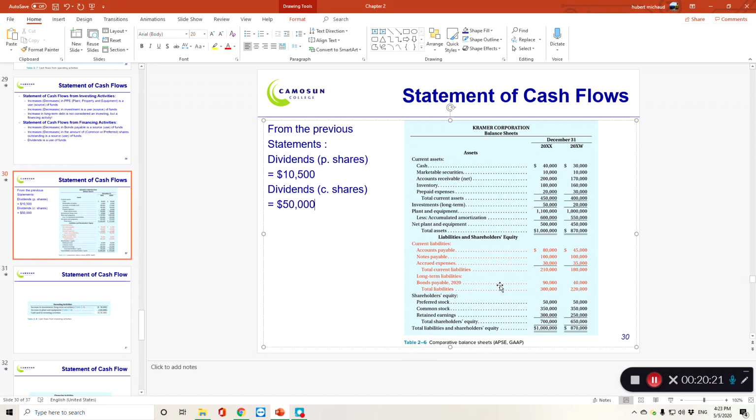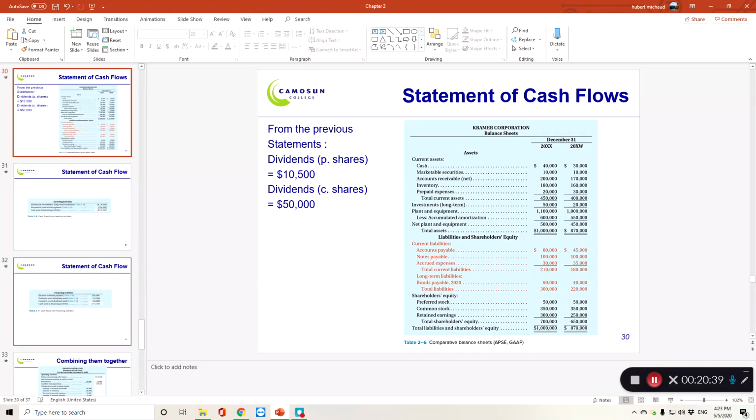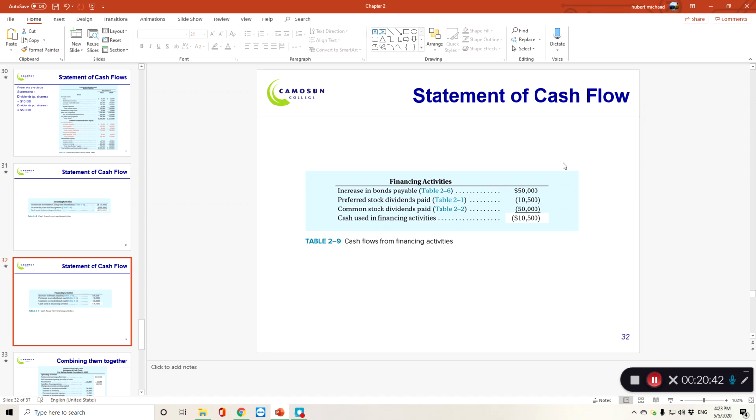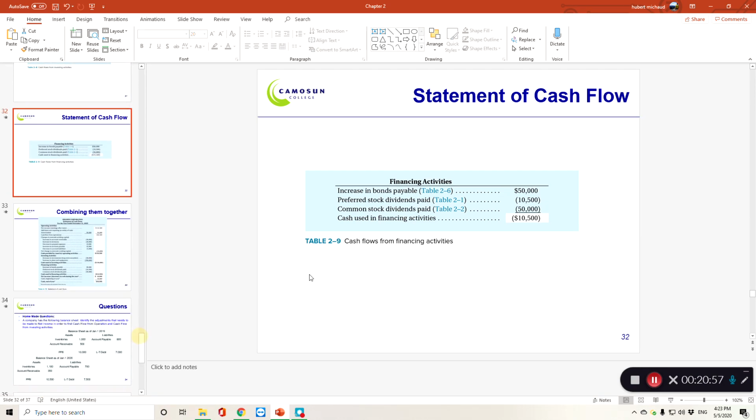We do notice that the bonds payable went up by 50,000 to 90,000, which implies that we sold new bonds and got $50,000. So in our statement of cash flow for financing activity, we got $50,000 for the bond, and then we paid our dividends, and we can see that we used $10,500 in financing activity.